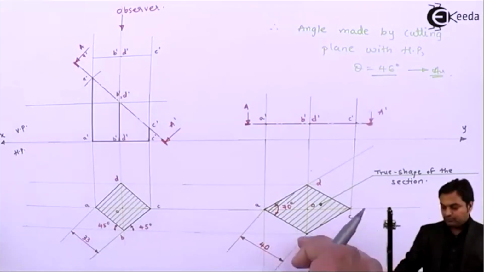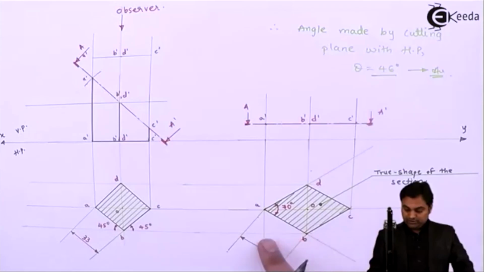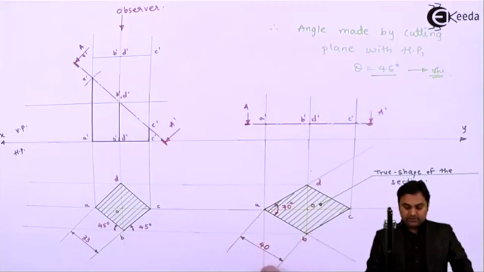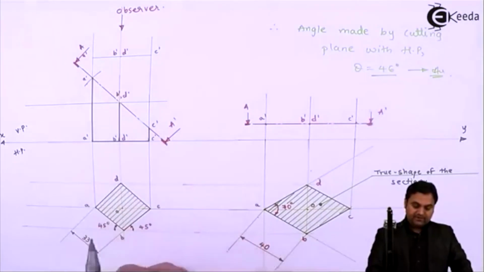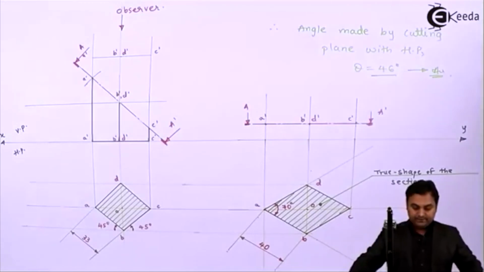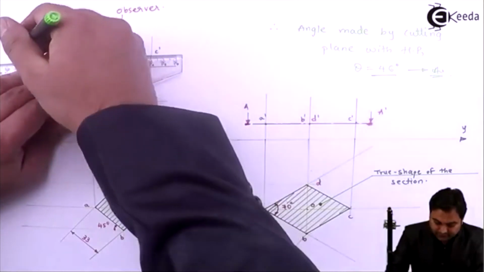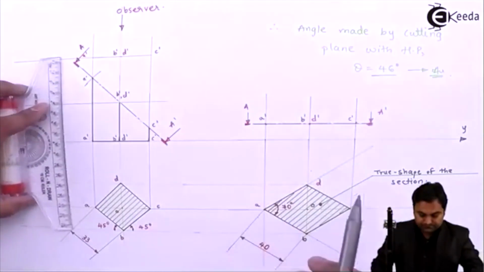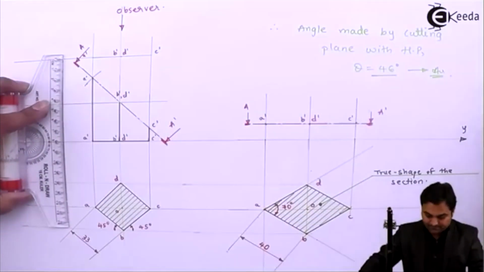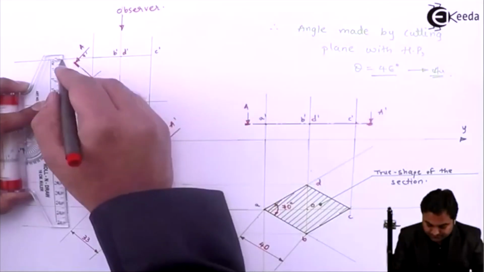We have got it from the true shape of the section, and in the true shape the rhombus was having the side as 40. Here the square prism is having side of 33. Then the height of the square prism, 80 mm given.